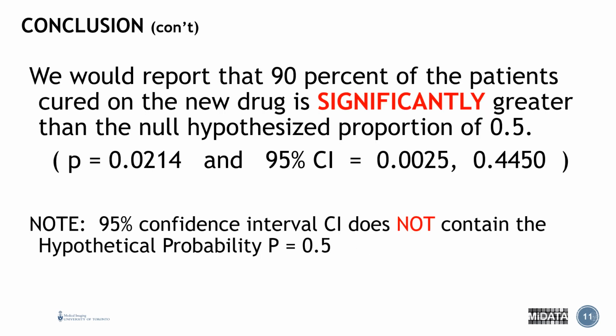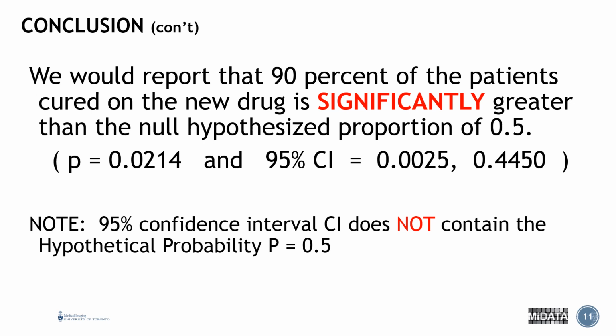Now, we would report that the 90% of patients cured on the new drug is significantly greater than the null hypothesized proportion of 0.5, p equals 0.0214, and the 95% confidence interval of 0.0025 to 0.4450.